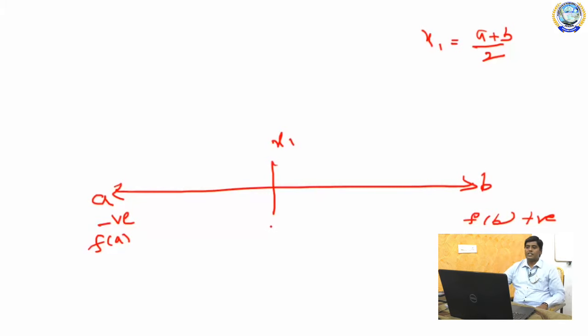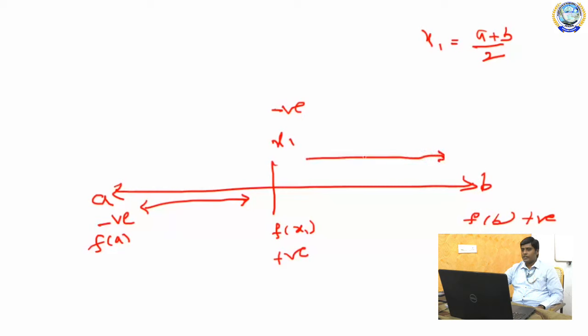If I substitute this x1 in the given curve equation and f of x1 is 0, then it is the actual root. If it is positive, then the root lies between a and x1. If it is negative, then the root lies between b and x1.